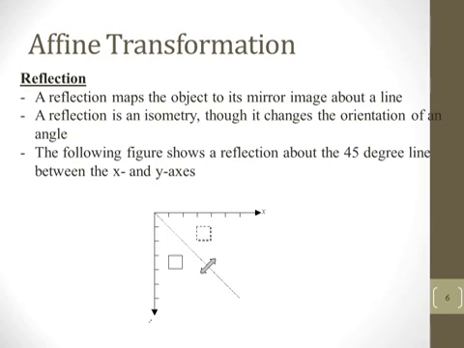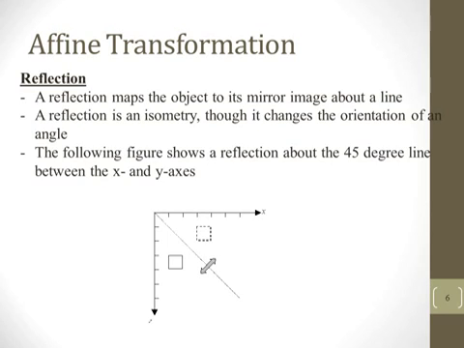Now for the reflection. The reflection maps the object to its mirror image about a line. A reflection is also an isometry. It only changes the orientation of an angle. It preserves the distances and the angles between the sides.